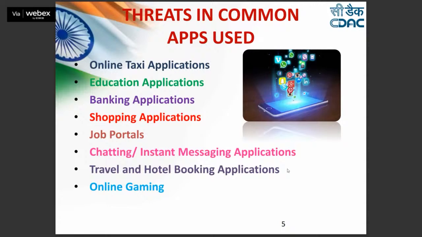For example, whenever we are using online taxi applications like Uber, Ola, or any XYZ application, we have to make a profile, like our name, our date of birth, our phone number, our email address.